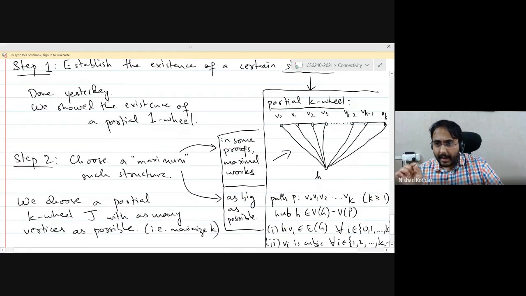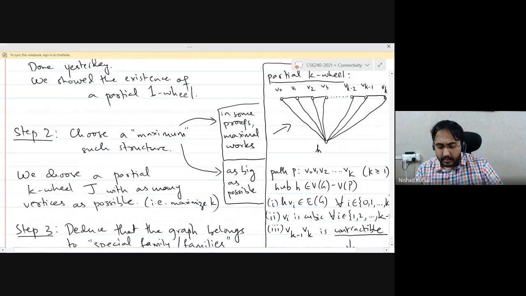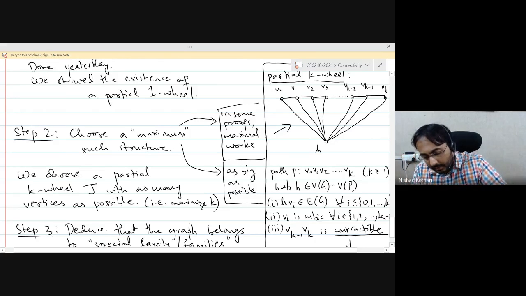There is an additional vertex which is not on this path. We call it the hub for reasons that will become very clear as you see the definition. So the hub is connected to every vertex on the path. That is the first property we want. We want all the internal vertices of the path, so V1 up to Vk minus 1, to be cubic vertices in the graph. Okay, so let me make them dark.